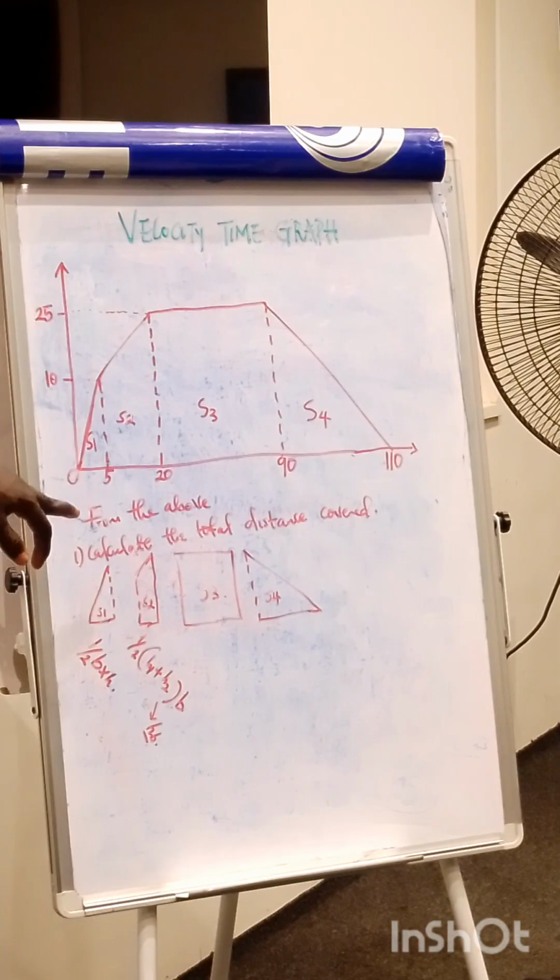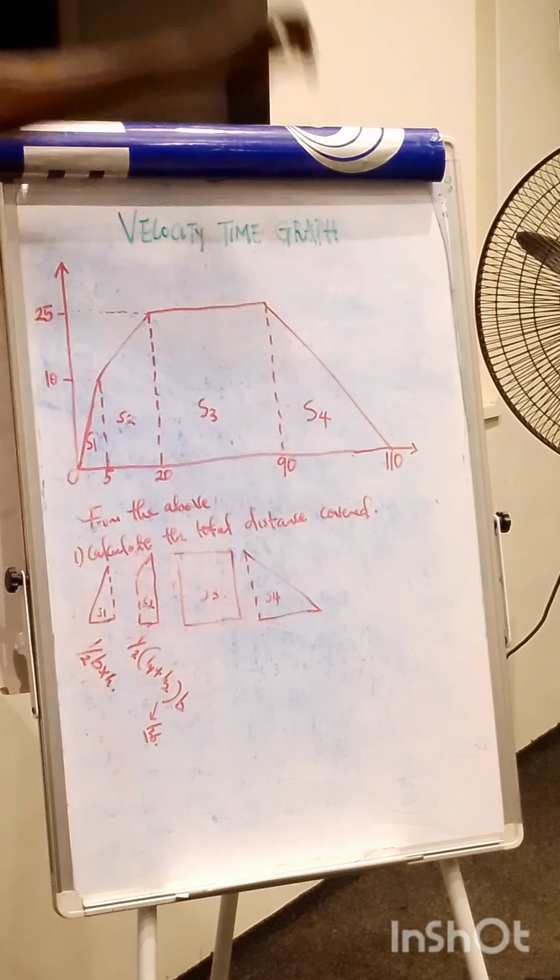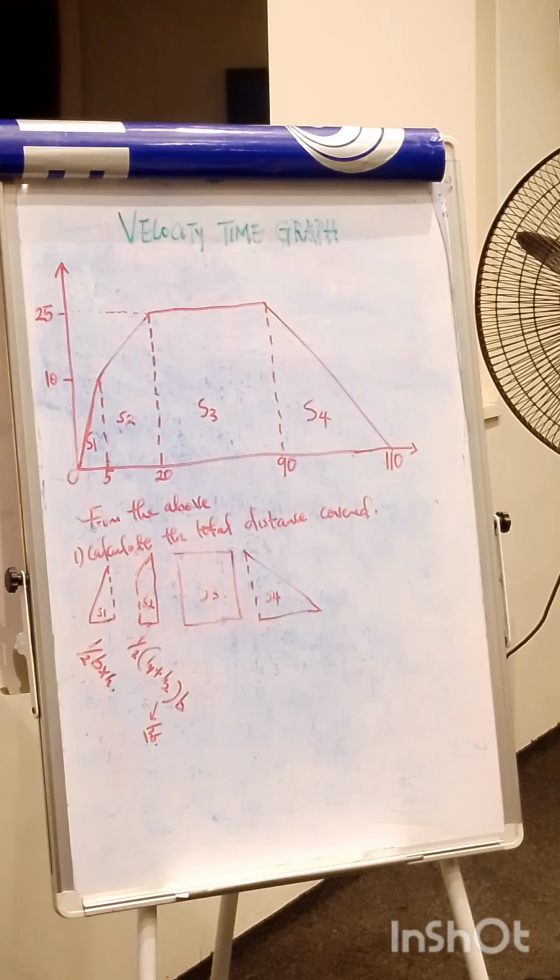Now, my S3, are you with me? S3 is that rectangle they taught us back then in primary 4, when they were telling us length times breadth, that will be solving many questions. We call it simple because anytime they give us this, we'll just be doing length times breadth.